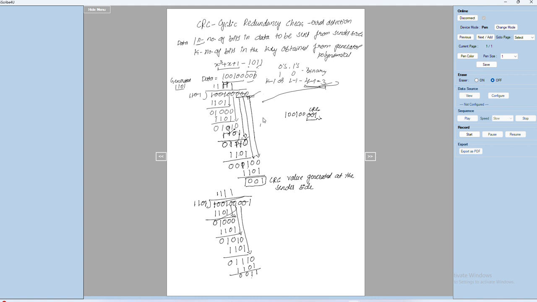Next, we have two zeros and two ones. After the significant value 1, we have only one value, so directly I can take here two values. That is 0, 1, 1, 1, 1, 0, 1, 0, 0, 0. So the remainder is 0 at the receiver end.